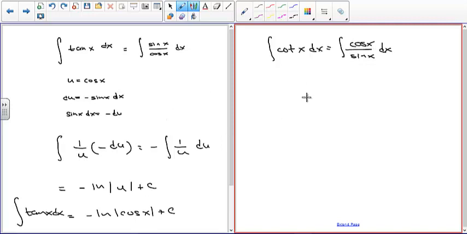And when you go through the whole same operation, you find out that the integral of the cotangent of x dx is equal to positive the natural log of the absolute value of the sine of x plus c. The reason you don't have the negative sign is because u is the sine in this case, and du is positive cosine of x dx.